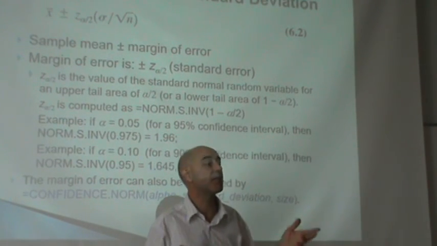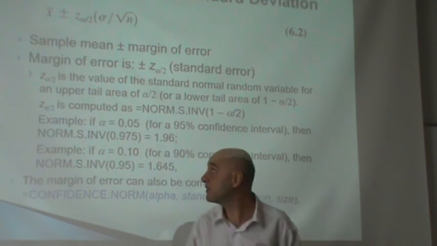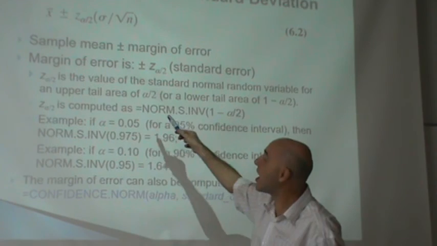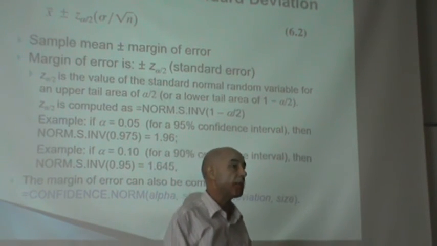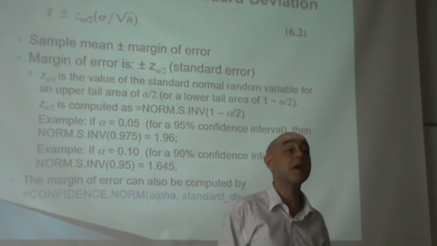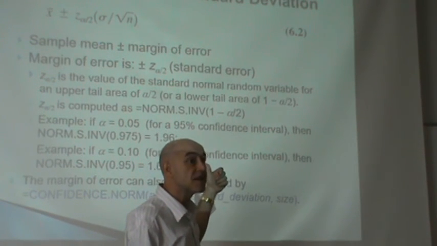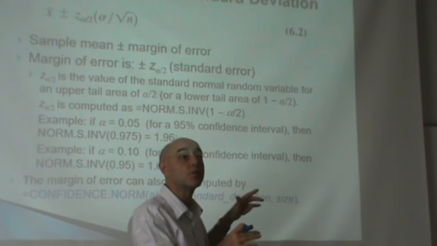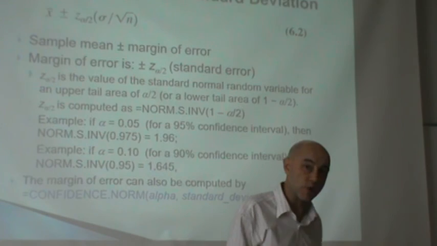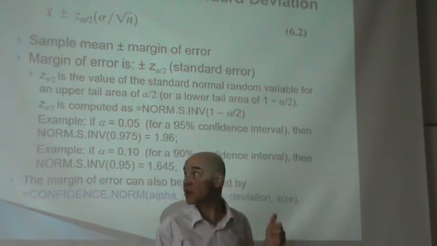Is it 95% or 90% or 99%? You get these out of a table. It's easy to look up in a table, and a lot of times the software will just give the number to you directly. You don't have to worry too much about it. Okay, that's the whole idea about using these statistical factors.